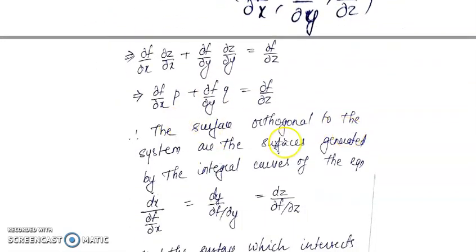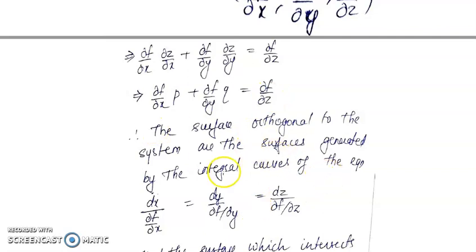So therefore the surfaces orthogonal to the given system of surfaces will be the solution of this first order PDE. So this is a first order PDE in the form Pp plus Qq equal to R, where P is dou f by dou x, Q is dou f by dou y, and R is dou f by dou z.